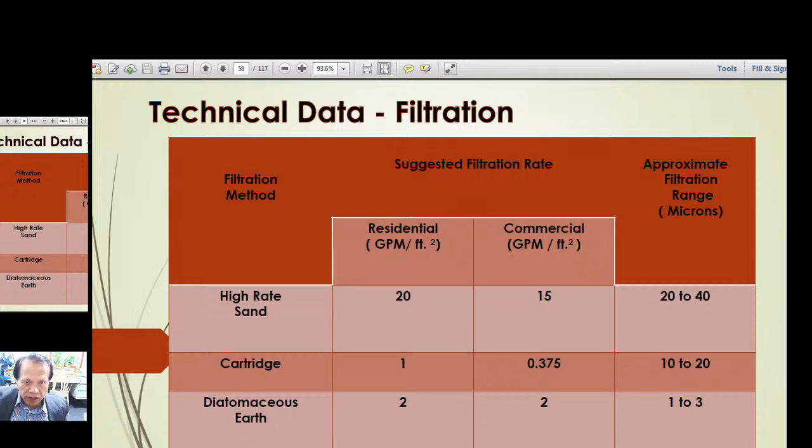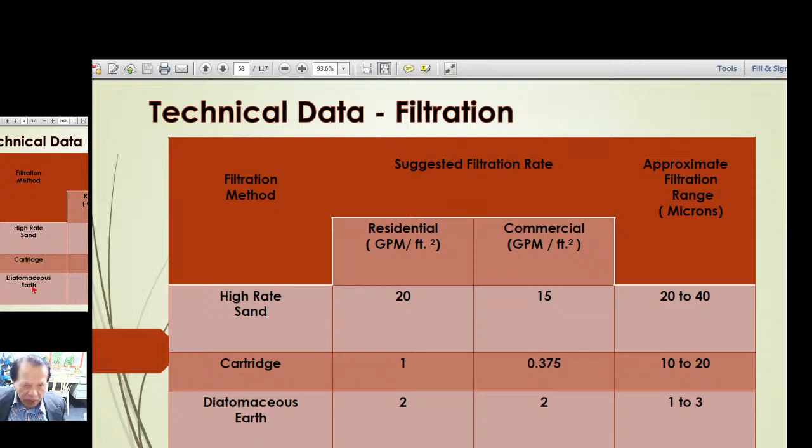For residential, GPM per square foot here is 20, and for commercial is 15, and the microns capacity is 20 to 40 microns. For the cartridge type, it is 1 GPM per square foot, and here is 0.375 GPM per square foot, and 10 to 20 microns are trapped.